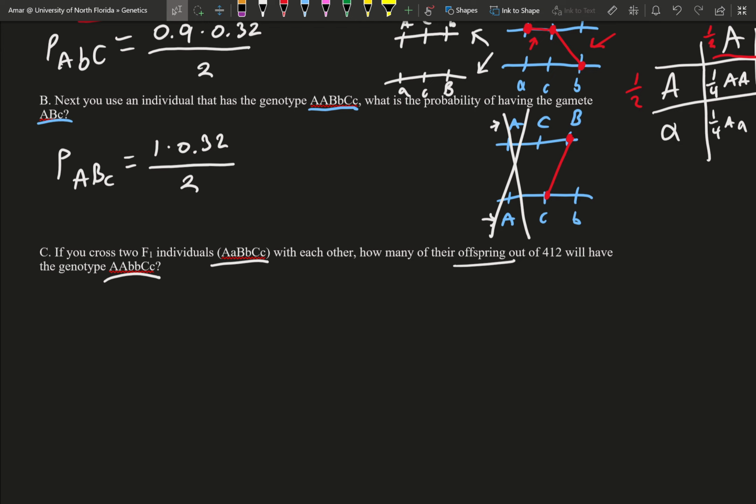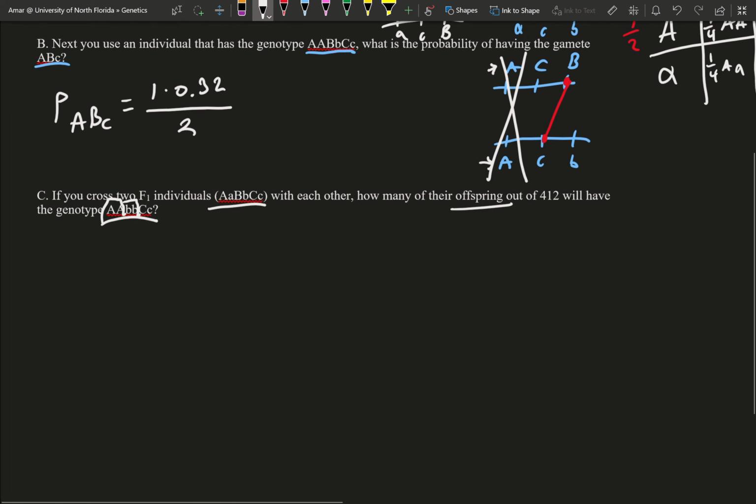So the shortcuts here are basically an individual that has 2 big A's and 2 little b's. Because they both have 2 big A's and 2 little b's, basically both parents have to give a big A and a little b. There is no other possibility that a parent can have for you to make that genotype. So therefore you can skip some of the gamete possibilities as well.